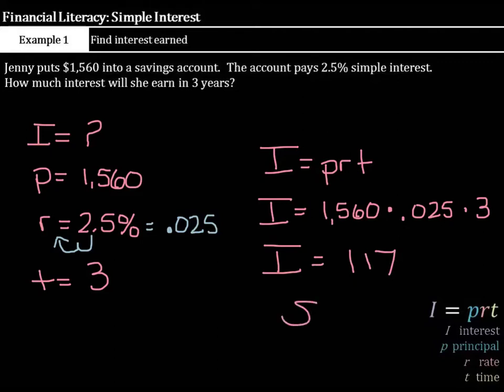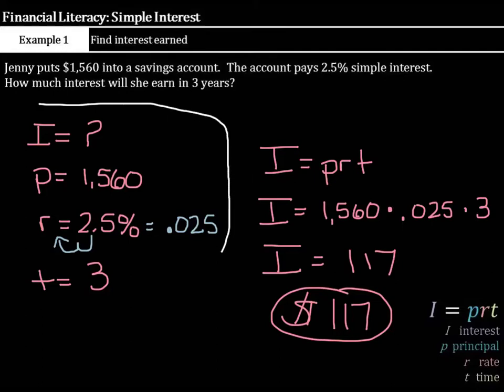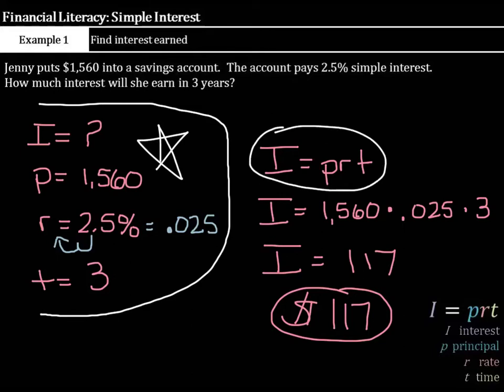So your answer, $117. One of the keys in solving this type of problem is defining your variables so you know what you're solving for. So starting with your list of the variables becomes very important so you're able to use the formula correctly.